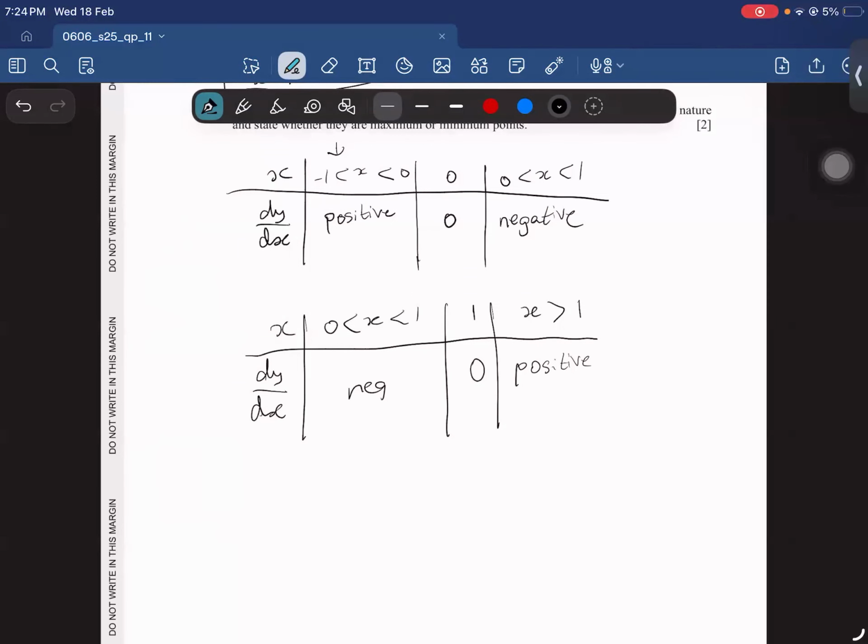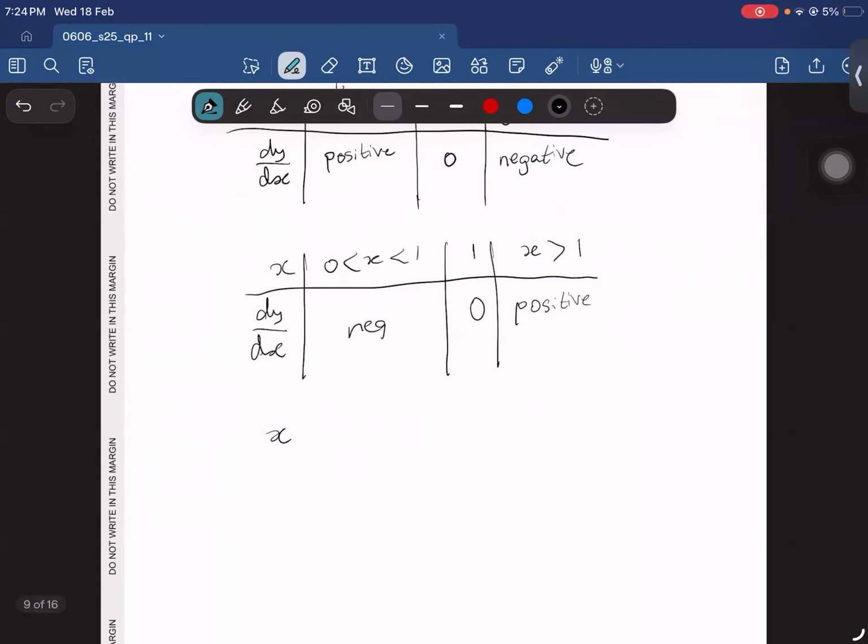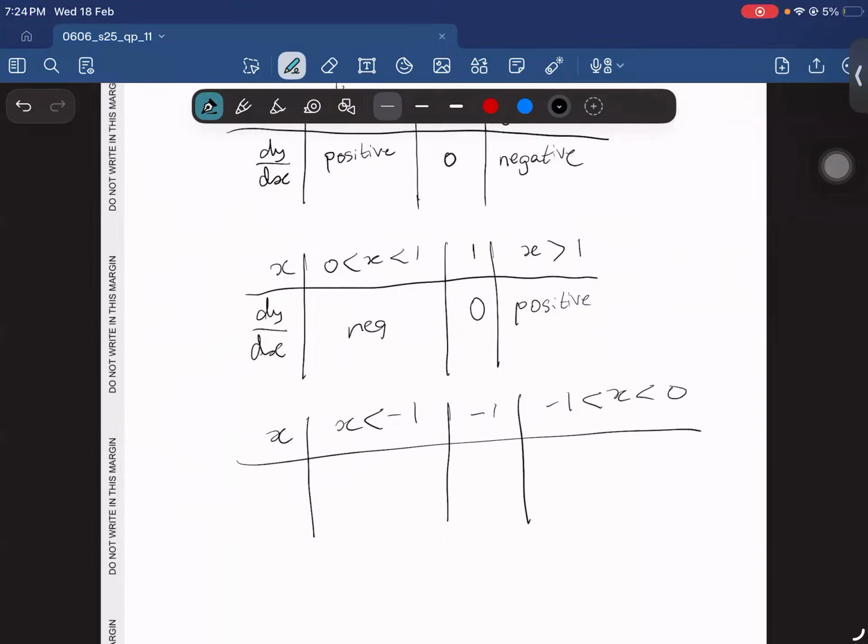You can, or you know what, we'll do it. Let's draw that out. So less than -1 is negative. At -1 is 0, and between -1 and 0, it is positive.